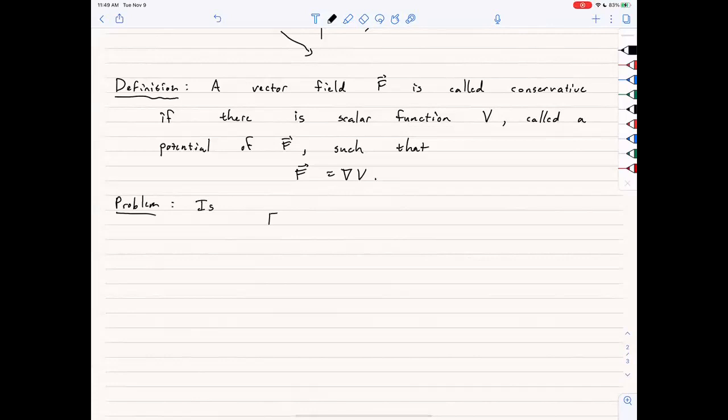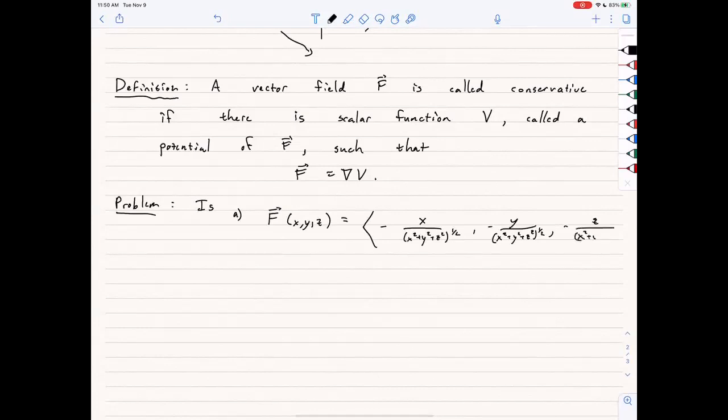Let's do a two-part problem. Is F of x, y, z equal to this vector field, minus x squared plus y squared, z squared, y, z?